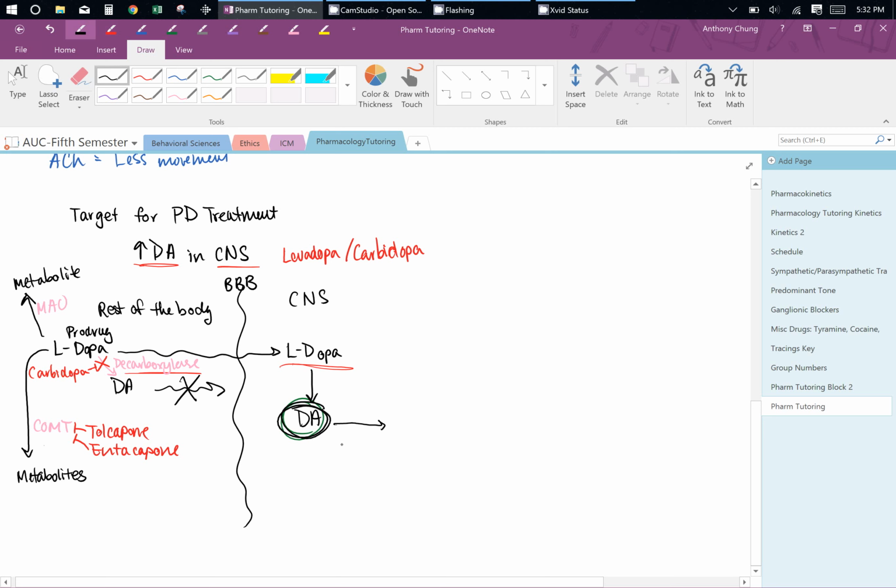So this one can be broken down into metabolites and then they're no longer useful. So the enzyme that breaks down here would be MAO, and it could be COMT. And we also want to inhibit things here. So MAO inhibitors, especially the one for brain, would be like selegiline.